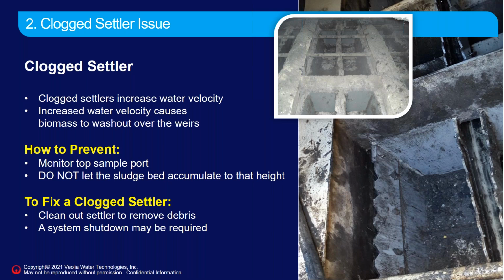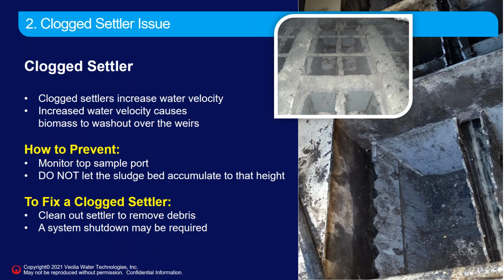Here you can see two pictures of some clogged settlers. Looking down in that one, it's just filled with black-gray solids. That should be open. You should be able to see down in there further. So these settlers are extremely clogged. How do you prevent this? Most of our tanks have a top sample port coming from the top of the tank, so you can check in there to make sure your sludge bed has not grown up high into the top of the tank.